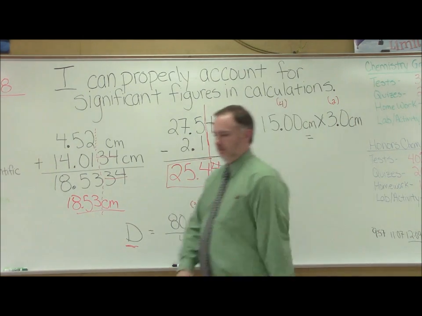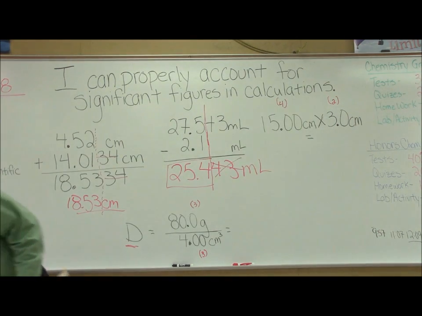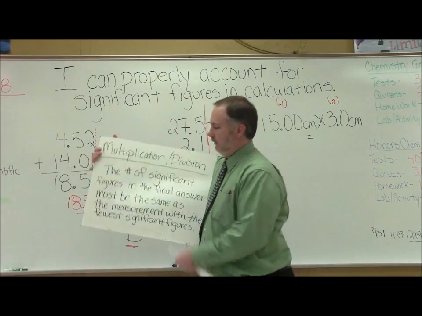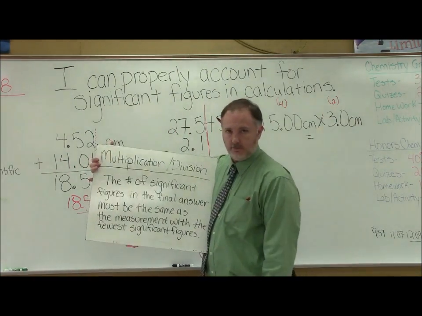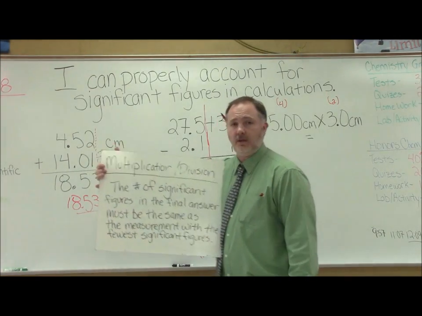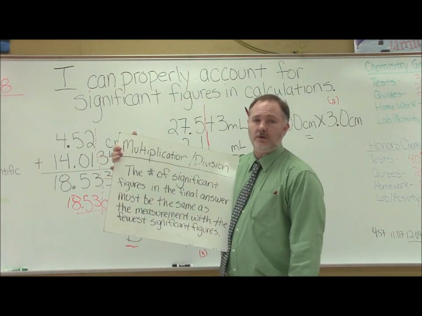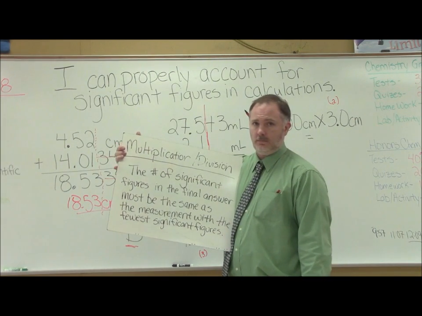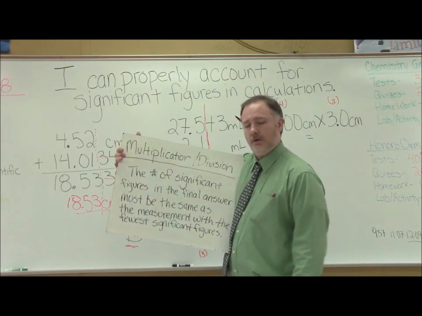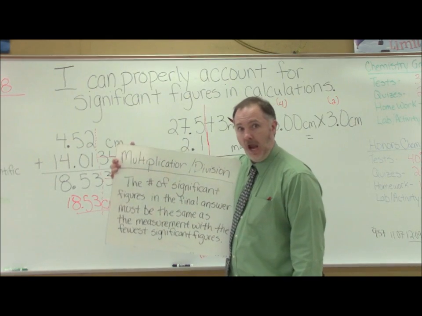So here's the rule. For multiplication and division, the number of significant figures in your final answer has to be the same as whichever measurement has the fewest significant figures. Take a moment, pause your video, write that down.